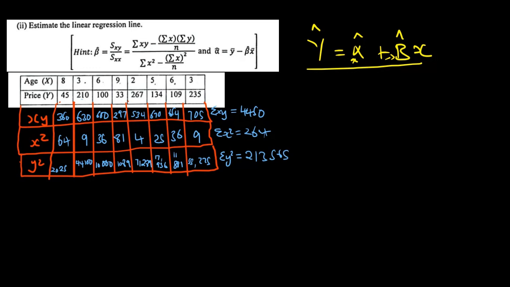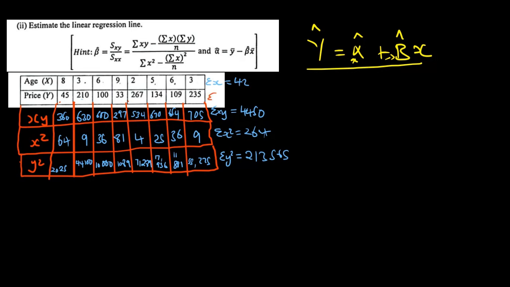Let's also find the summation of x here. The summation of x will just be equal to 8 plus 3 plus 6 plus 9 plus 2 plus 5 plus 6 plus 3. When I add those, I'm getting 42. What about the summation of y?